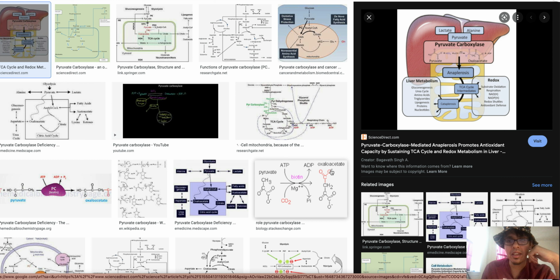So I basically just wanted to talk about that, because the next step comes after the formation of oxaloacetate, the transfer of oxaloacetate into the cytoplasm, and the conversion of the malate into oxaloacetate in the cytoplasm. Remember, that's how we transport oxaloacetate out of the two layers of the mitochondria.